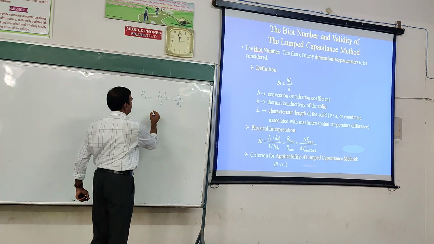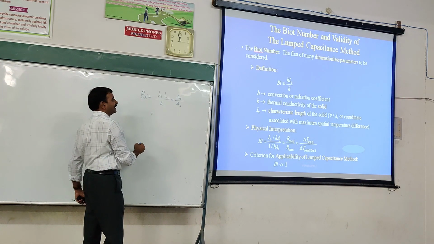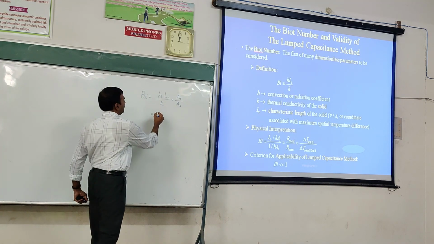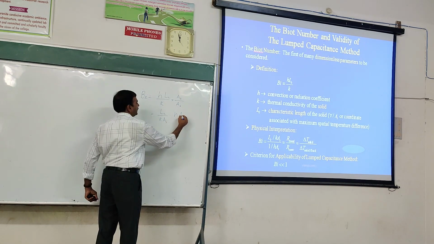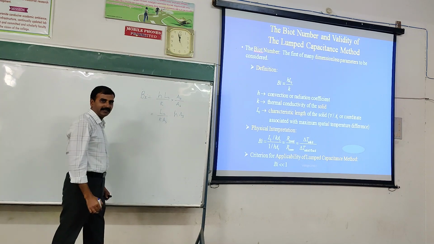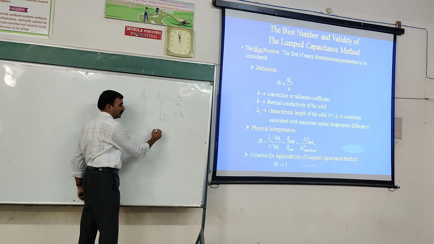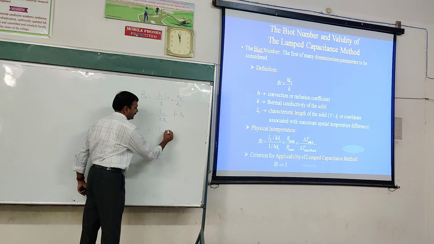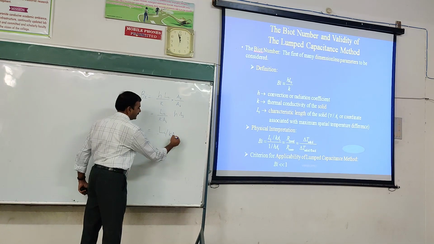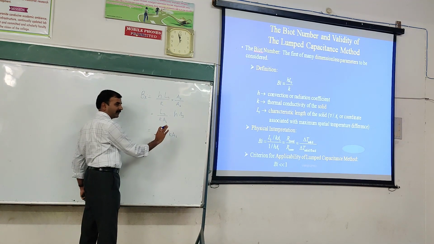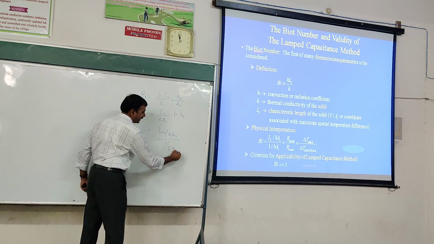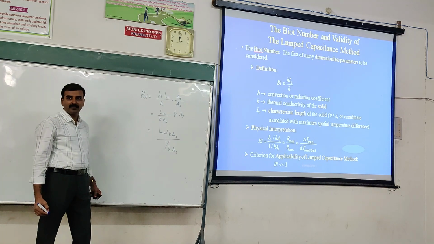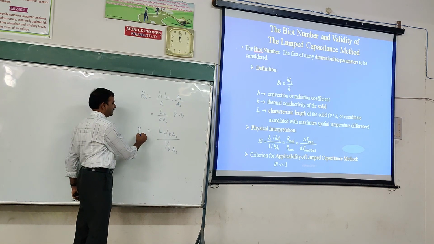Now I can write this as Lc by k into h A s. Can I write it like this? This is equal to (Lc by k A s) divided by (1 by h A s). S refers to surface area, that's it. Is it possible?